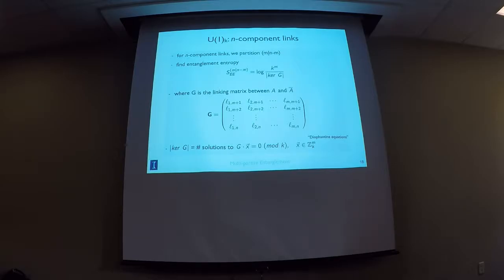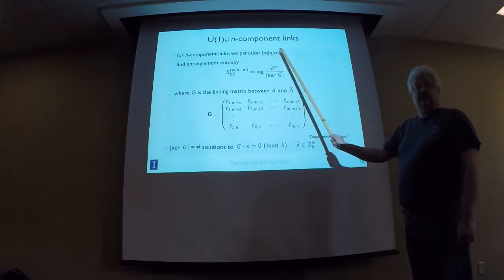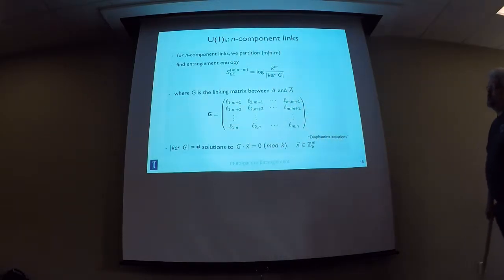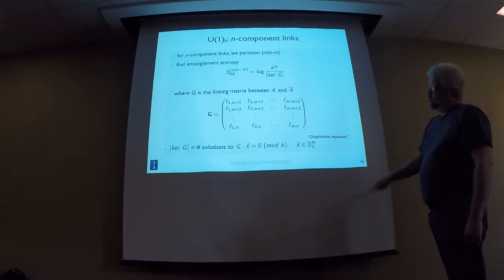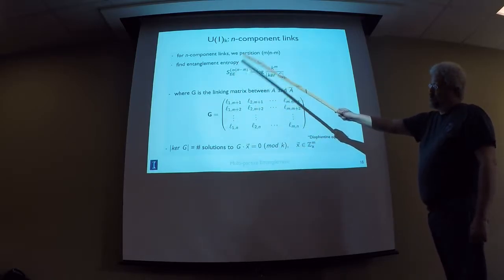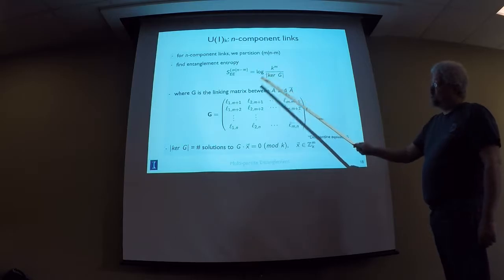Now, that was the two-component case. If you generalize to n components, we're partitioning into two sets again, and we're going to trace over, say, the second part of the set. When you do the same calculation, it's a little bit more involved, but you get a similar formula.